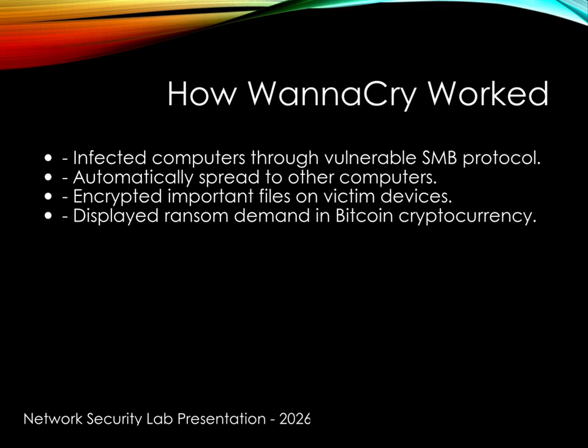After infecting a device, WannaCry encrypted critical files, making them inaccessible to the user. Then it displayed a ransom note demanding payment in Bitcoin. Victims were told that unless they paid, their files would remain locked forever. This attack was particularly effective because it combined technical exploitation with psychological pressure.